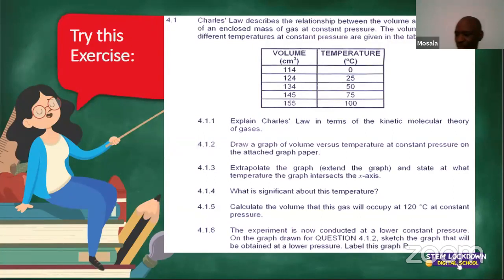All right. Calculations. Why do we do calculations? For instance, let's talk about a tire of a car.